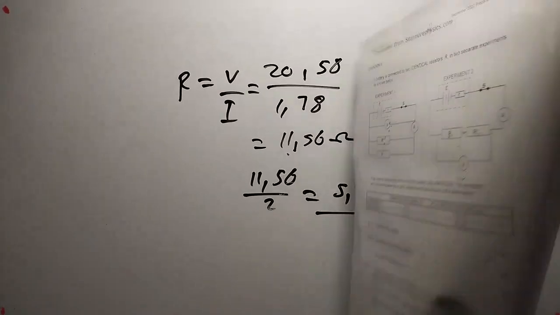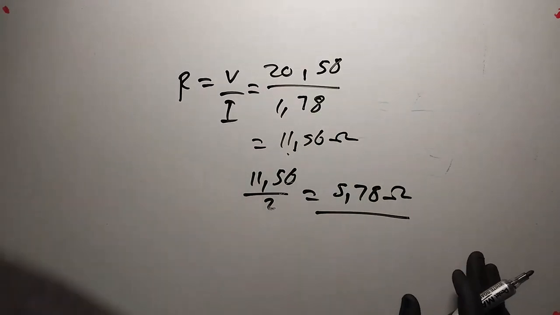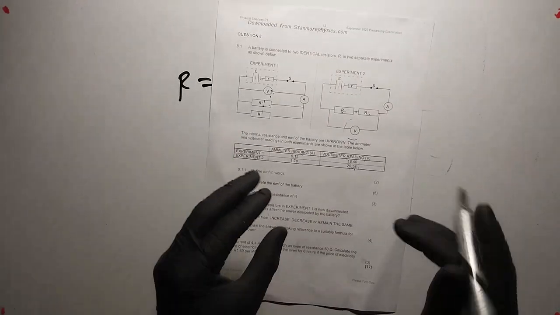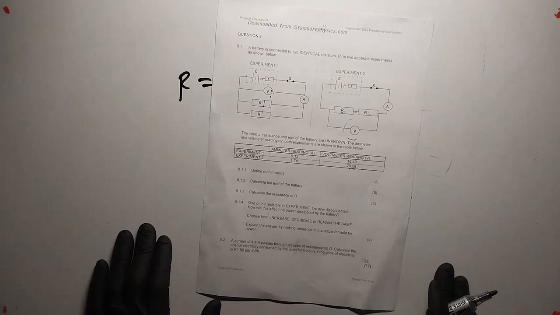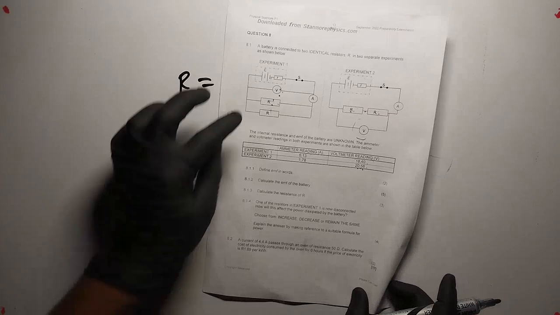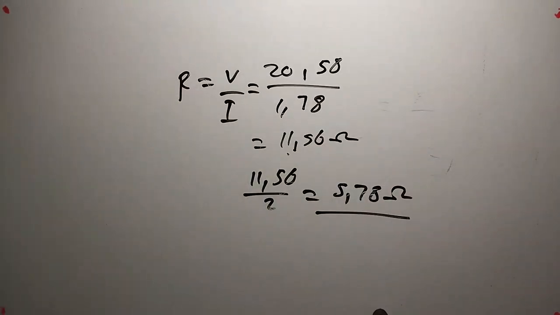Now let me tell you something. Once you decrease the number of resistors in a parallel connection, it increases the total resistance. Again, once you decrease the number of resistors in a parallel circuit, you are increasing what? The total resistance. So in this circuit, the total resistance will increase.